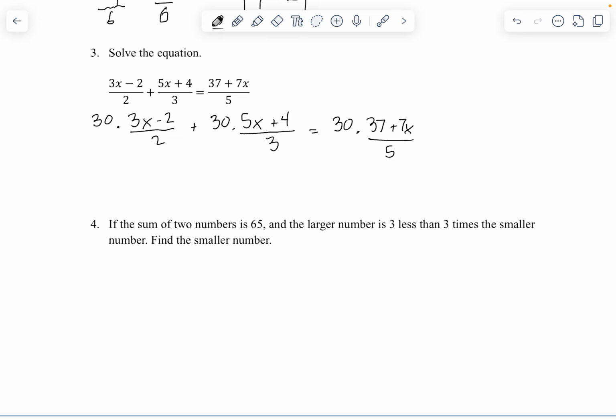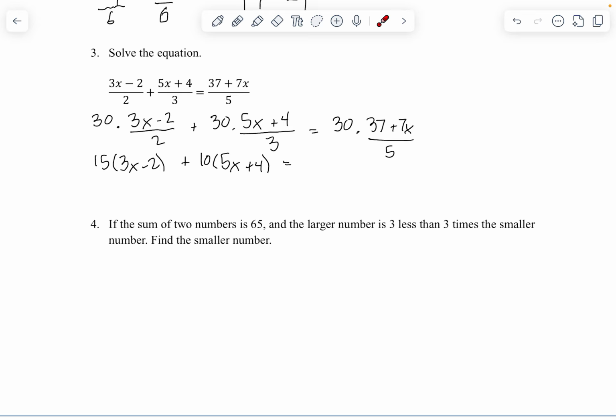Now I can just divide out all of the denominators. Over here, 30 divided by 2 is 15. So I get 15 times 3x minus 2. Here, 30 divided by 3 is 10. So I get 10 times 5x plus 4.